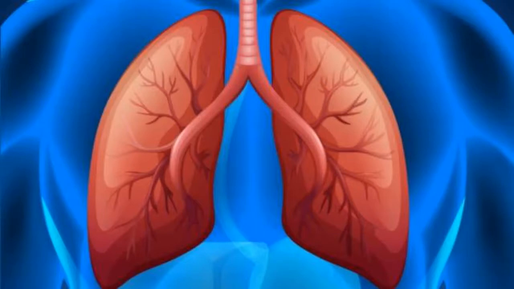The third condition is hemothorax. Hemothorax is accumulation of blood inside the pleural cavity, usually as a result of trauma, like external injury to the chest wall, like a knife cut to the chest wall.